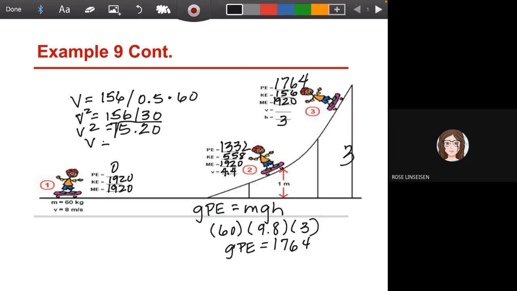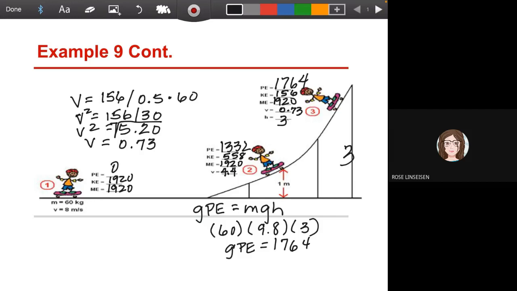Hope I put it in the calculator correctly. So as one would expect, at this final spot, this person is at 0.73. This person is not moving very fast because most of the energy is in the potential energy. So the person is not moving very fast at all.